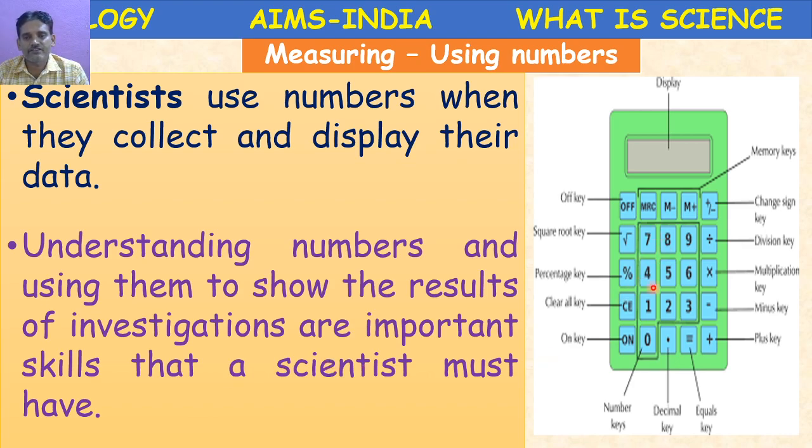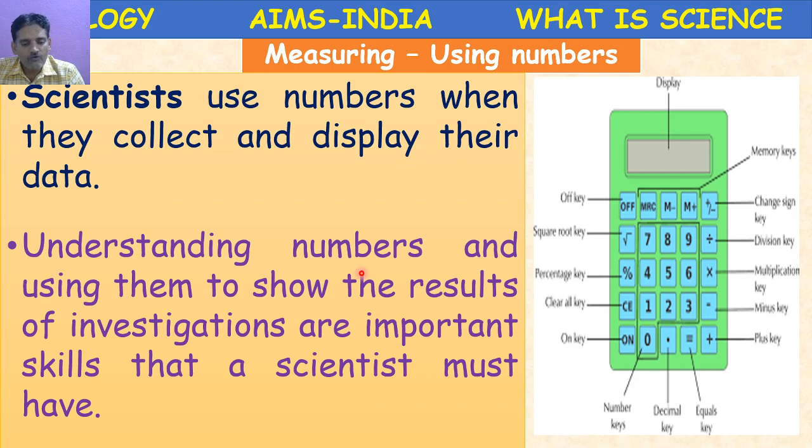For example, 10 ml when you are taking a liquid, 10 grams when you are measuring the mass, liters and milliliters when measuring volume, grams and kilograms for mass or weight, and centimeters, meters, decimeters for length. You use different units depending on what you are going to measure: length, volume, or mass.